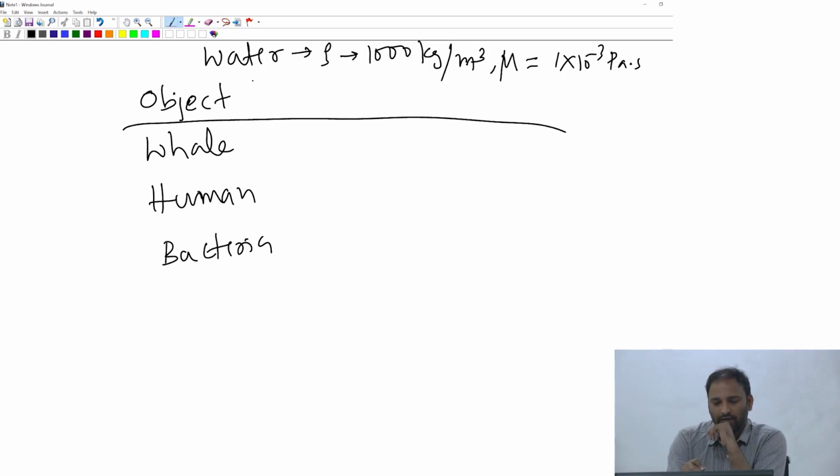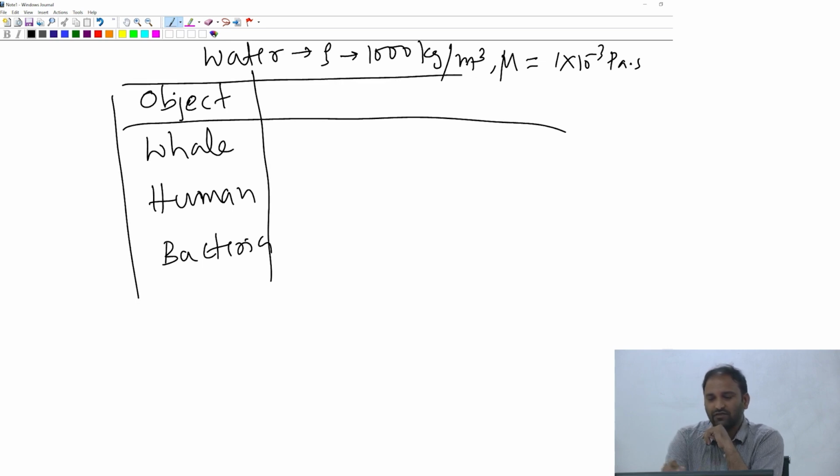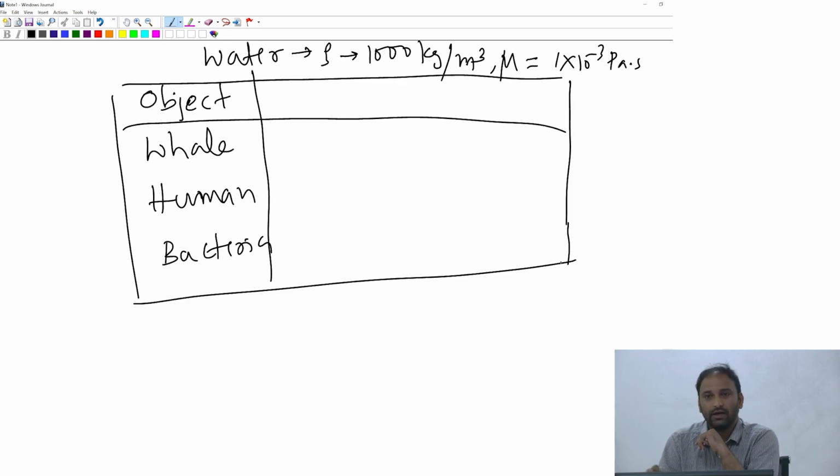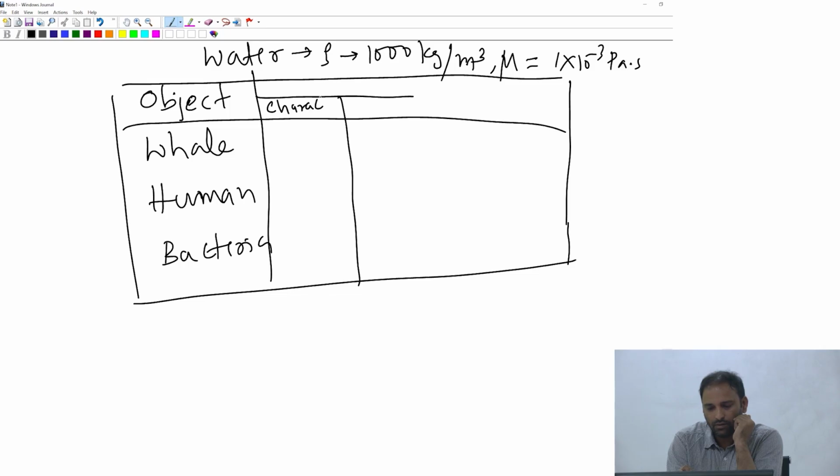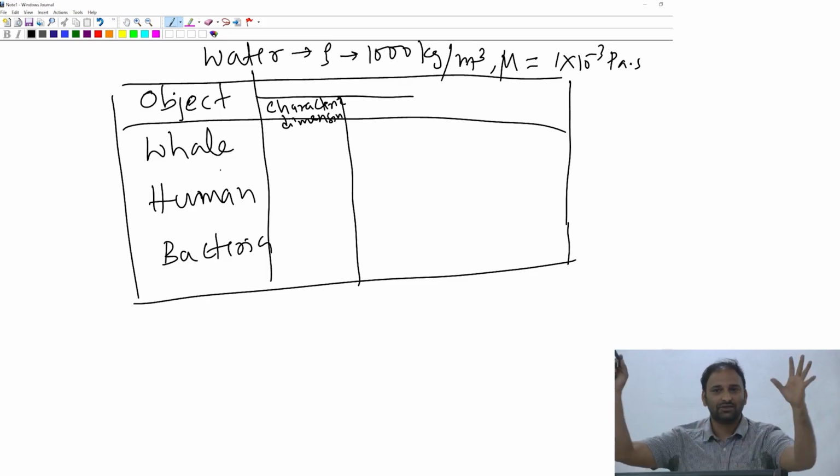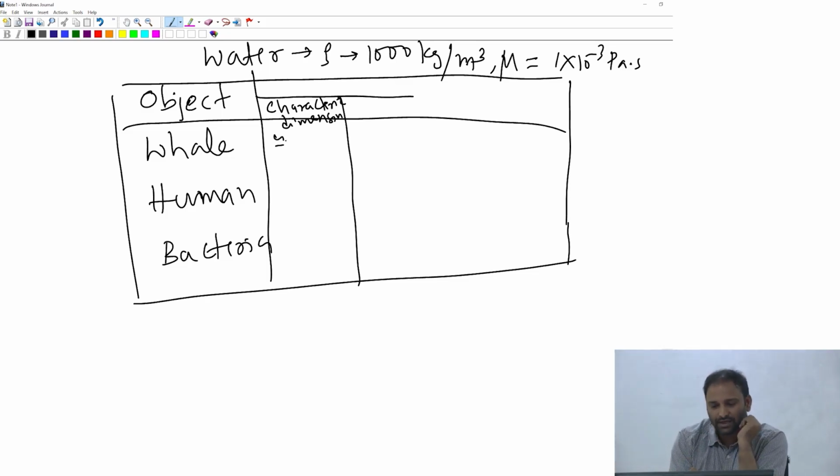Now let's think about the characteristic features of these objects. What do you think is the characteristic dimension of a whale? Typical dimensions? 20 meters, it's tens of meters. We can approximate it to be something like 10 meters, of the order of meters. What about humans?